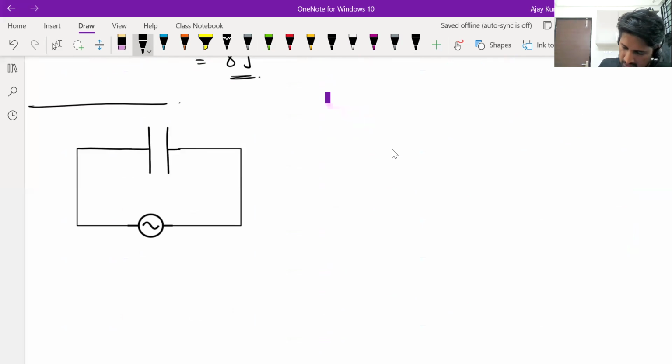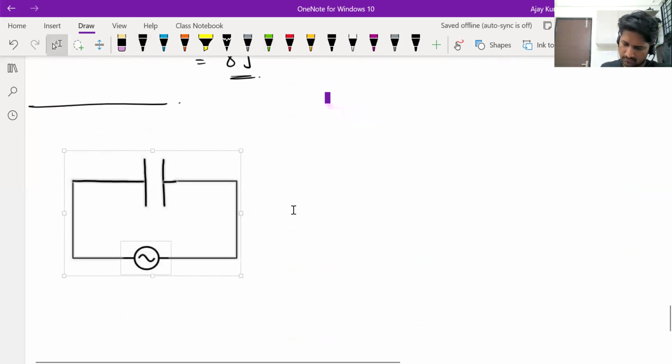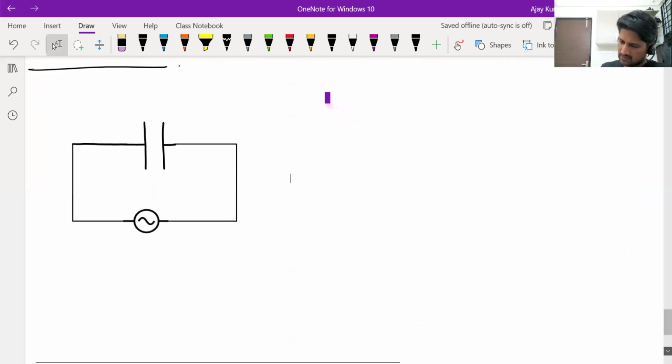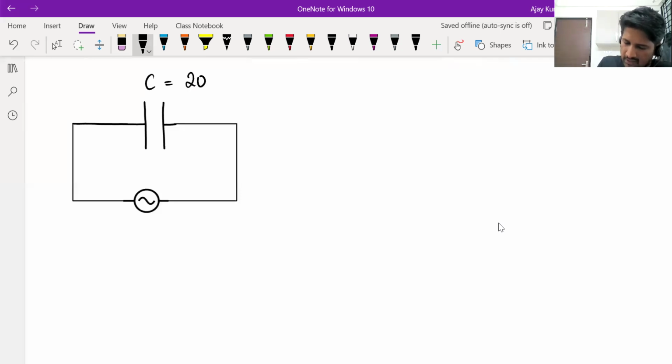Suppose there's a capacitor. I'll give you the question in reverse. Current equation will be given. You have to write the EMF equation. Let's say capacitance is some 20 microfarad. Some alternating EMF is applied.